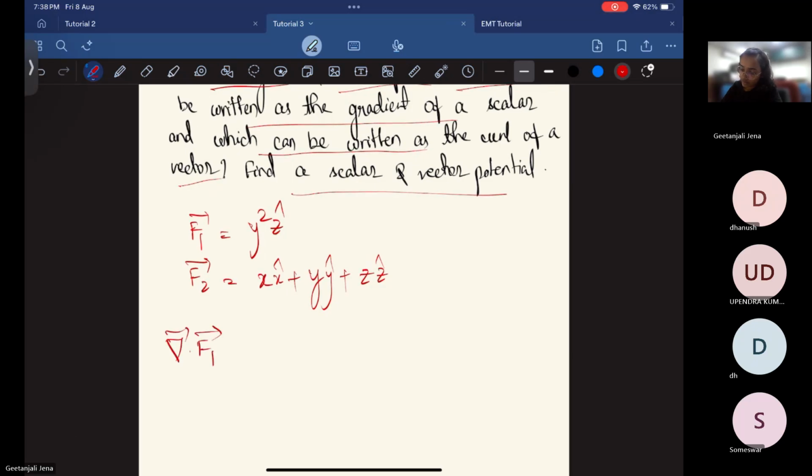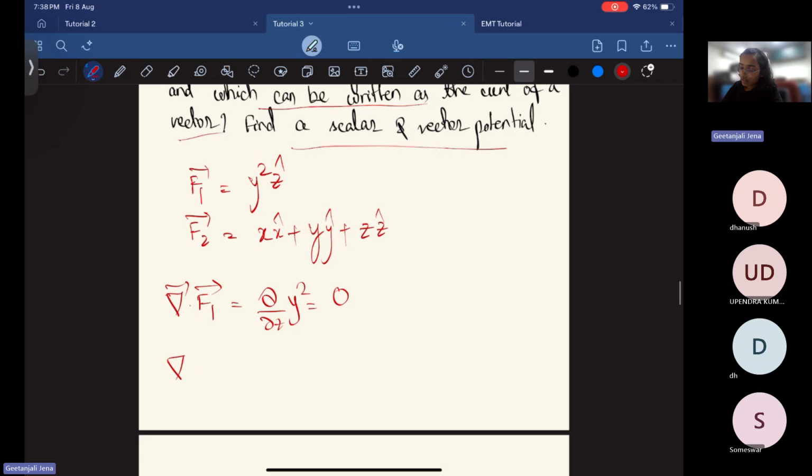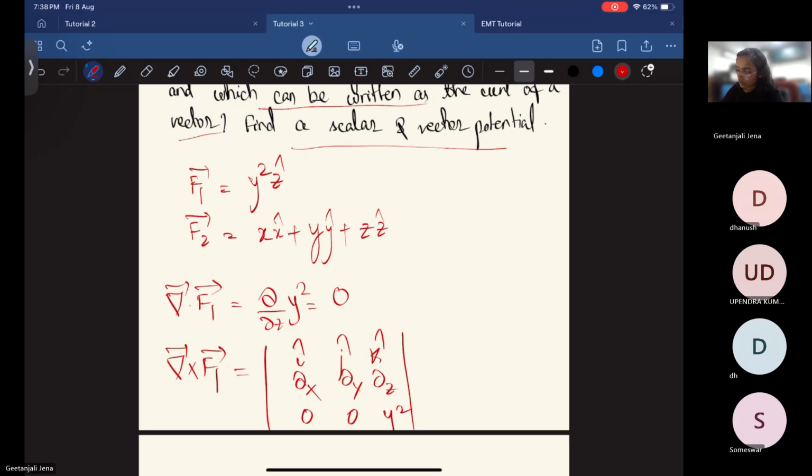So divergence of F1 is dou by dou z of y square, which is 0. Curl of F1 will give i cap, j cap, k cap, dou x, dou y, dou z, 0, 0, y square. So this will give dou y x cap.